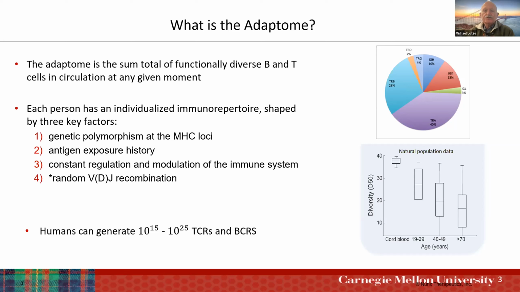Now, interestingly, you start off with an extraordinarily diverse set of T cell receptors shown in the gray graph in the bottom right. And as you age, you refine and narrow your diversity based on an expansion of individual T cell and B cell receptors that recognize antigens from your environment.